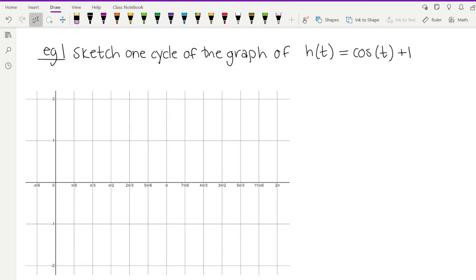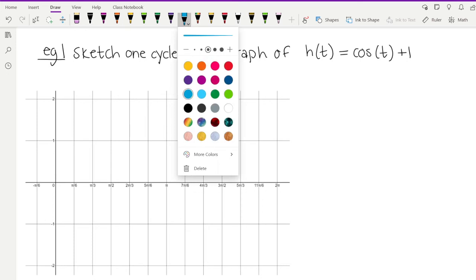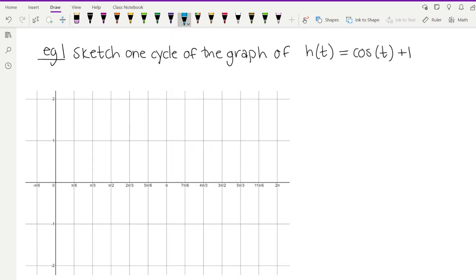So this one is asking us to sketch one cycle of the graph of h of t is equal to cosine of t plus 1. So let's start by just sketching the graph of cosine so that we have that as our reference. So if you just had g of t is equal to cosine of t, it hits its maximum at 0 and 2 pi, right?